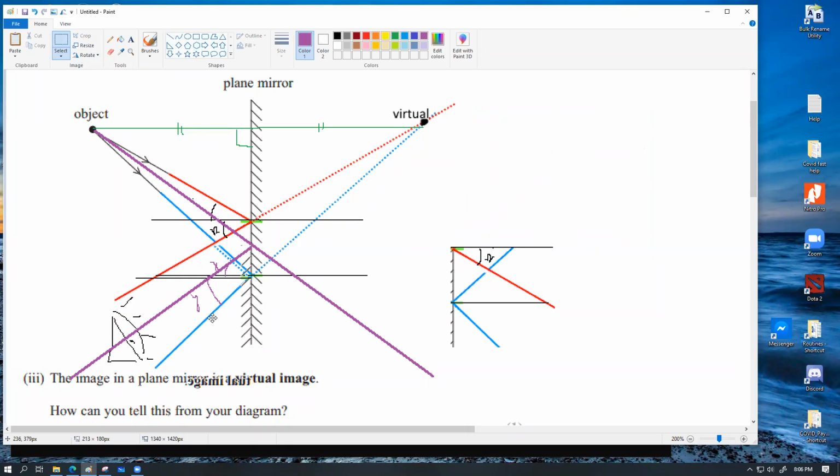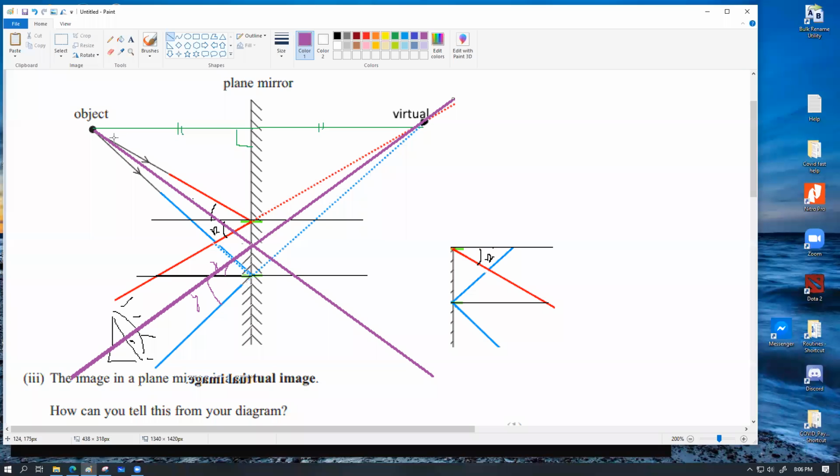If I extend another line from this point in this direction, you'll see that this light will also go to the same exact point. See what I mean? Which means if you draw multiple lines, all of those rays would eventually go in the left direction. But if you extend them backwards, they would all meet at that same exact point, which is defined as the virtual image of the object.